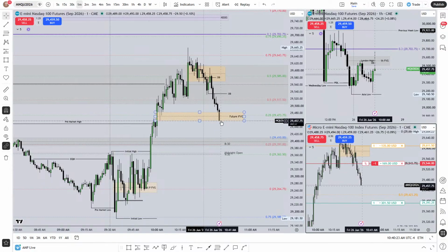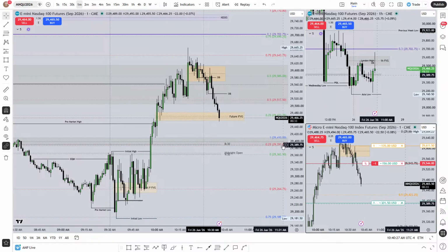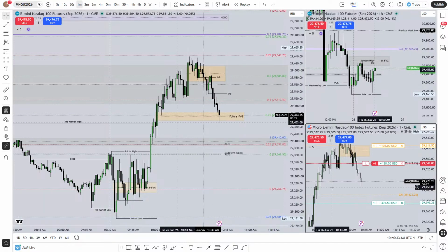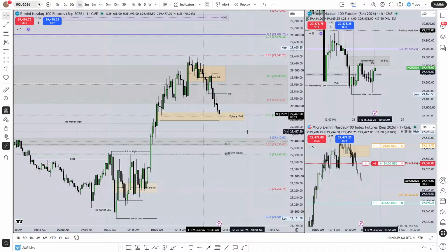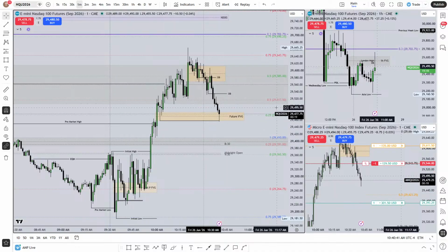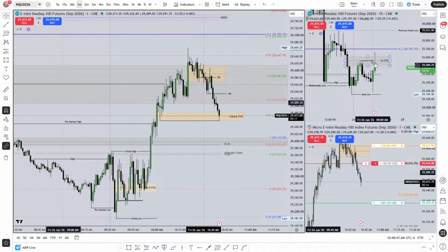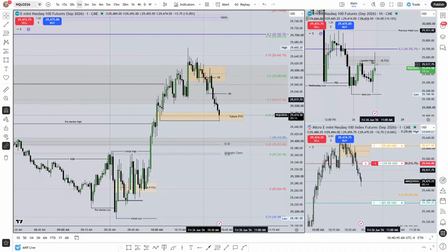Closure below here, I would move to break even. Or we even swept that. I like how this hourly candle's starting to play out.